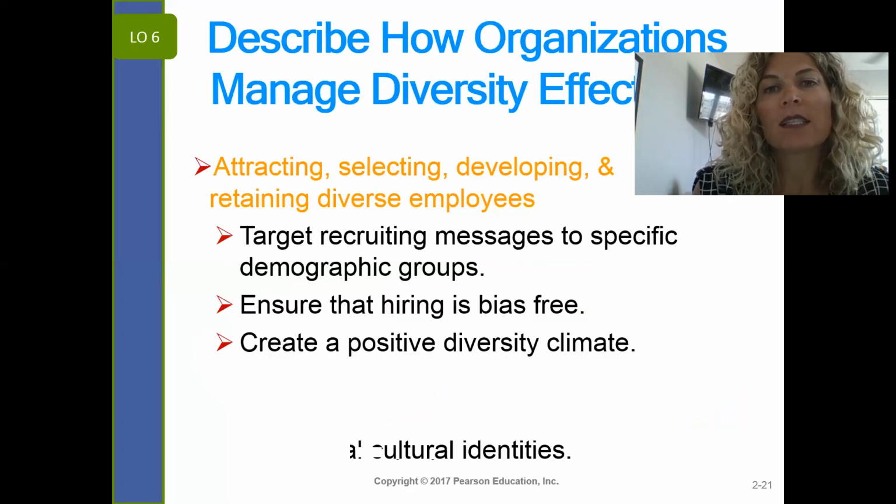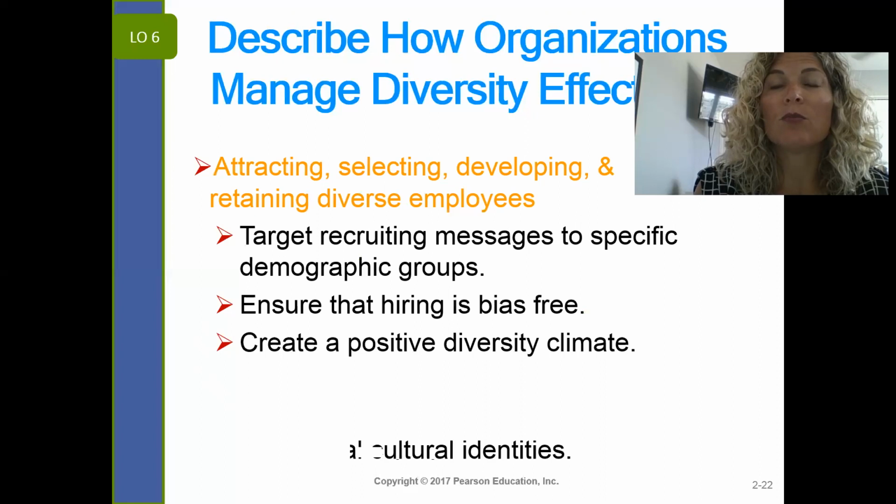The first one is attracting, selecting, developing, and retaining diverse employees. This is one area where HR and managers can look to increase diversity. So I can change where I'm recruiting.